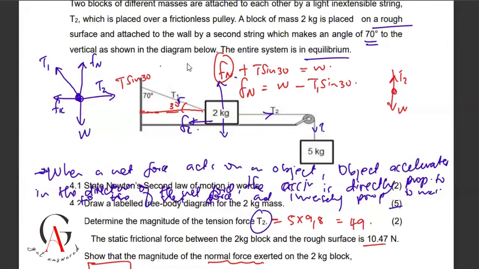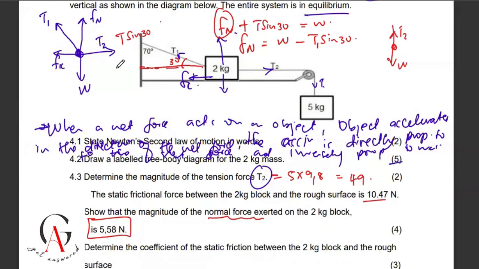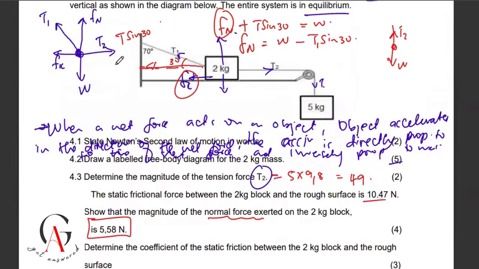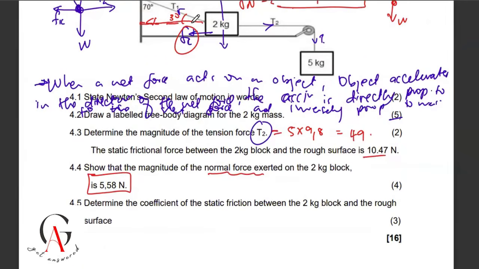And what is the size of T1? We can start by finding that T1 using the horizontal components, since we have the frictional force here. So we start by looking for the T1 before we can do the substitution. Horizontally, T1 cos of 30 plus the frictional force should be equivalent to T2, which we already have.